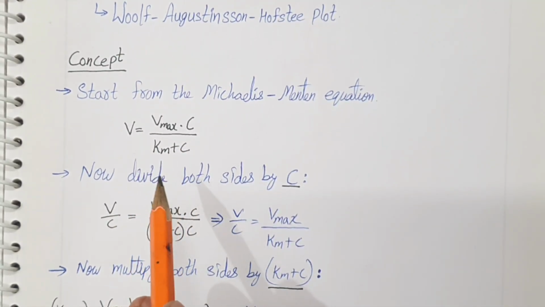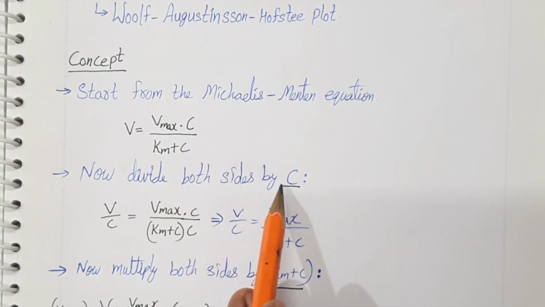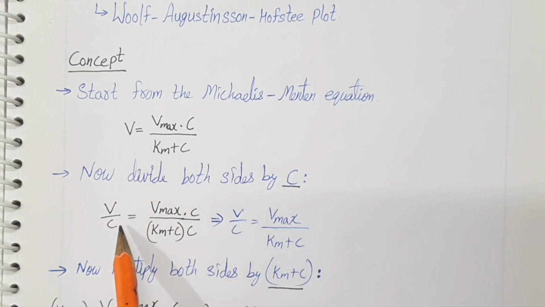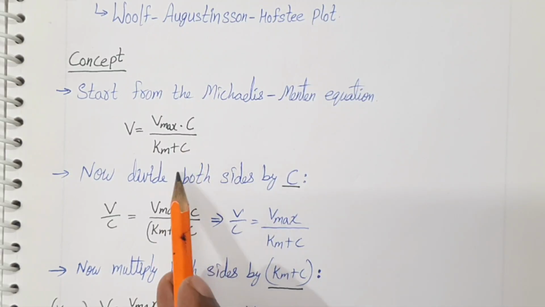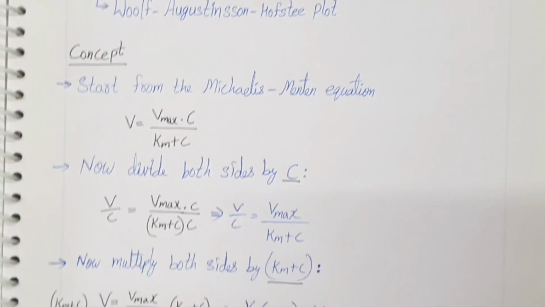In the second step, we divide this equation by C. So it becomes V divided by C, and on the right side Vmax into C, Km plus C, divided by C. So this C and this C get cancelled.